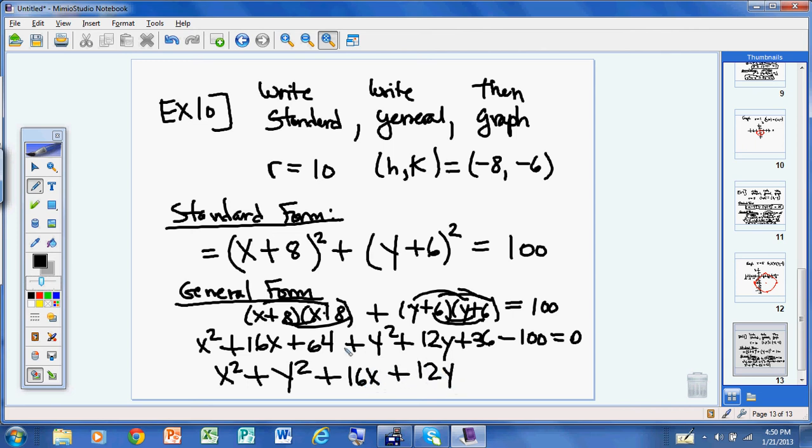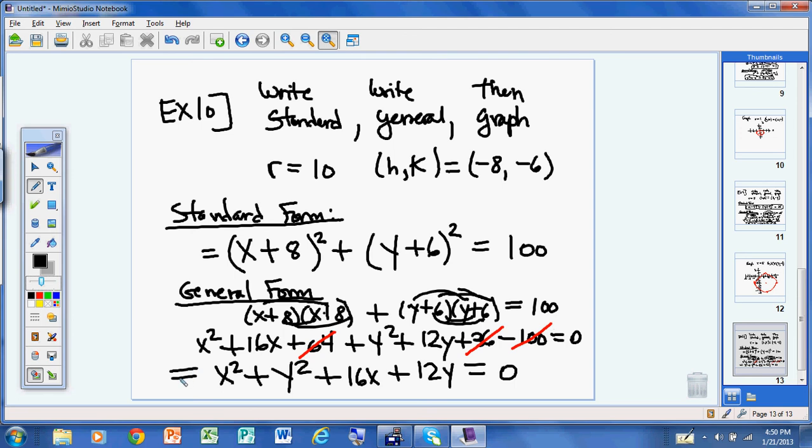And notice that 36 plus 64 minus 100, that's going to zero all of those out, so then that's all that's left. And this is your general form answer.